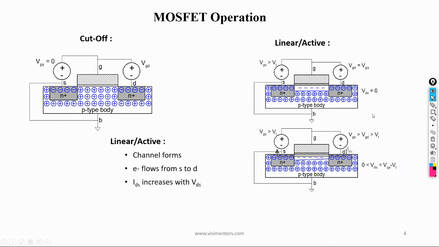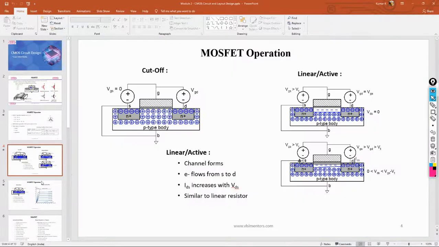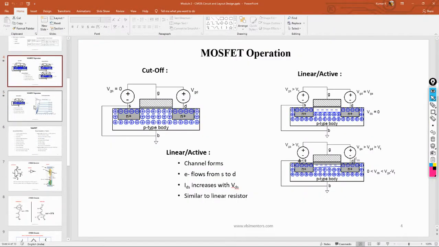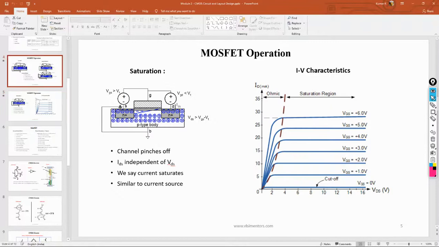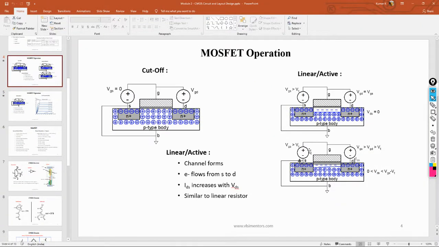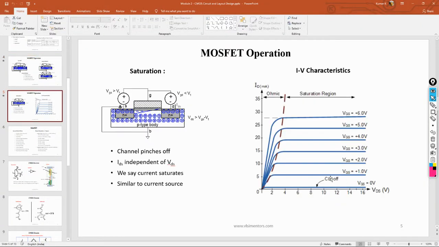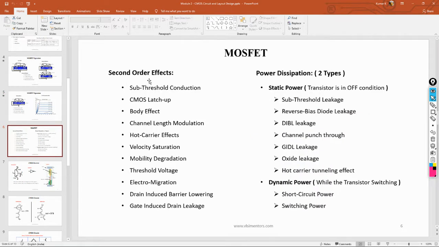I'll just walk you through the slides that I have, so that you get an idea. MOSFET operations, three modes of operation, and second order effects. Then we will also talk about power dissipation, and the meaning of static power and dynamic power.